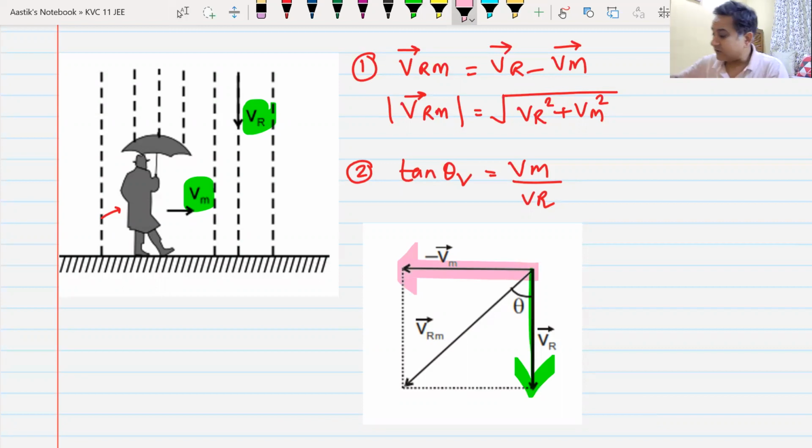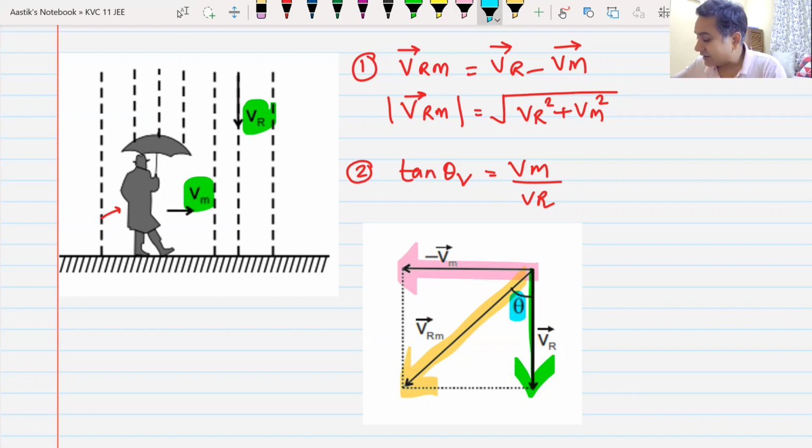So the relative velocity of rain with respect to man actually goes in this direction. It makes an angle theta. That is the angle theta that he must hold his umbrella to save himself from getting wet.